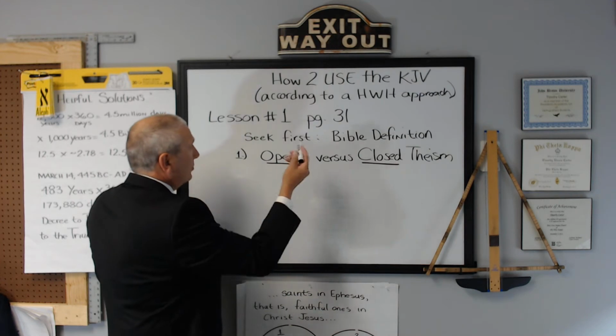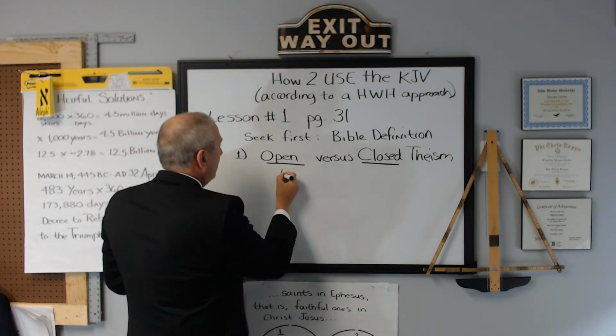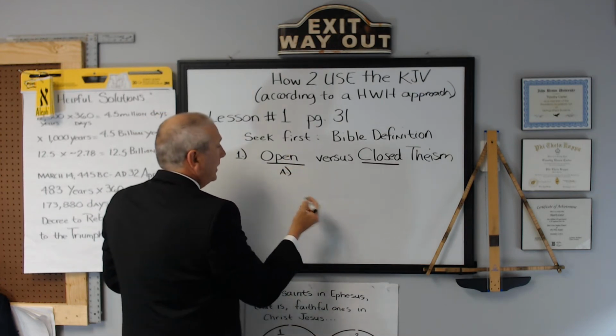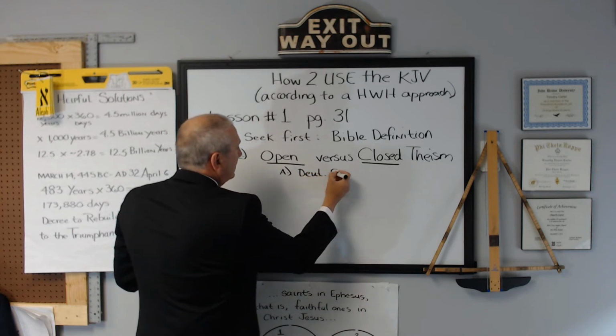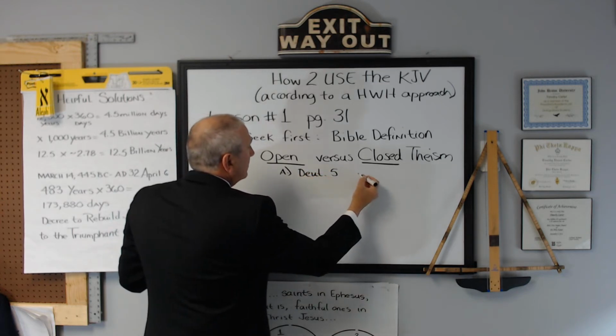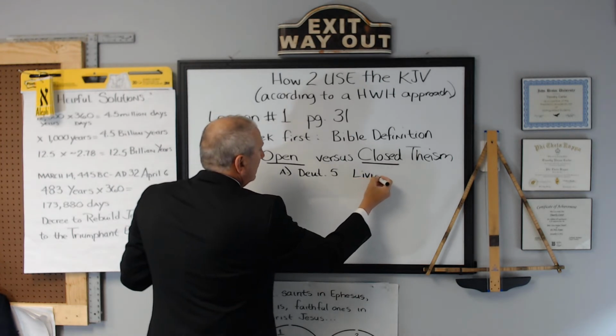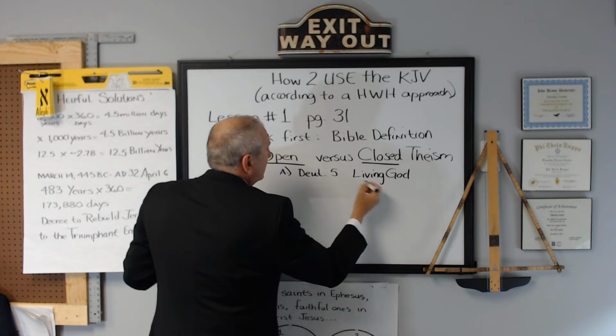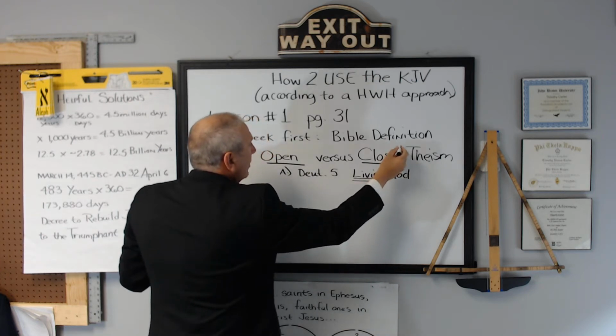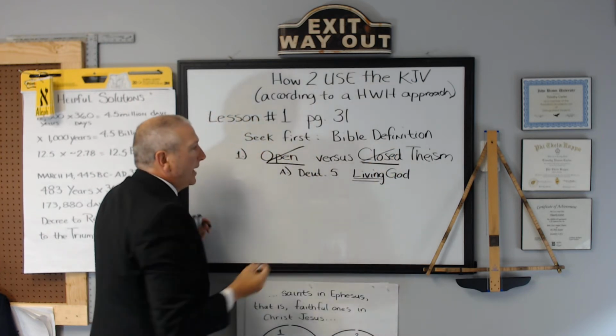So if a user of the King James Bible would first say, well, wait a minute, let's go to our King James Bible, let's go to Deuteronomy 5, and we notice living God. There we go. Now we have found a Bible word, so we don't have to exasperate or waste time.